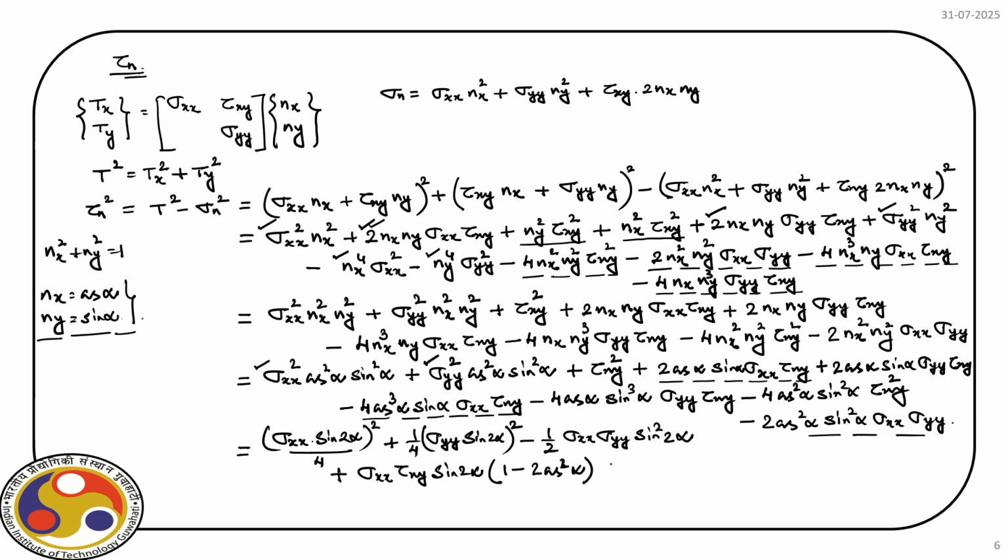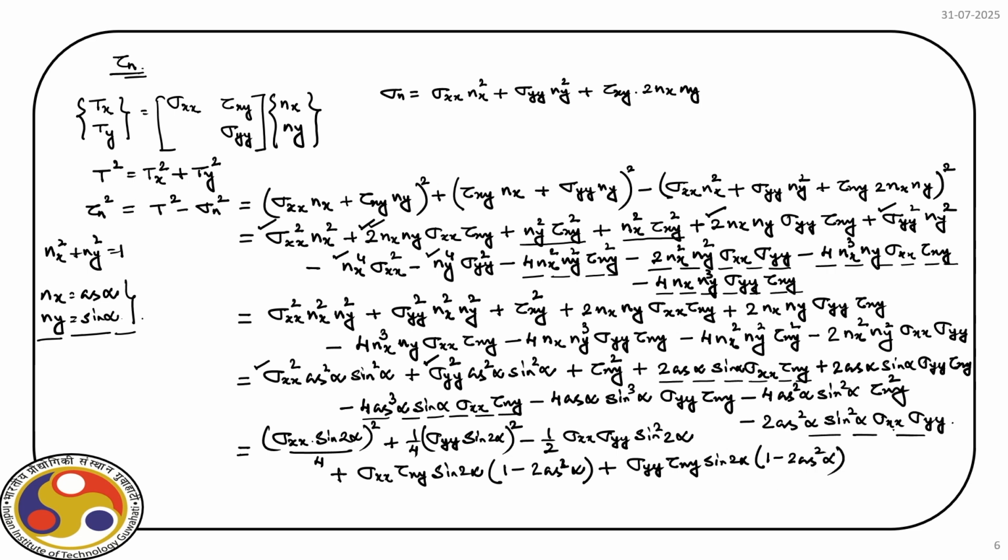Okay. Then we have other terms. So, what we can do, we can take sigma yy tau xy common. So, we have sigma yy tau xy times sine 2 alpha, within bracket we have 1 minus 2 cos square alpha, right.